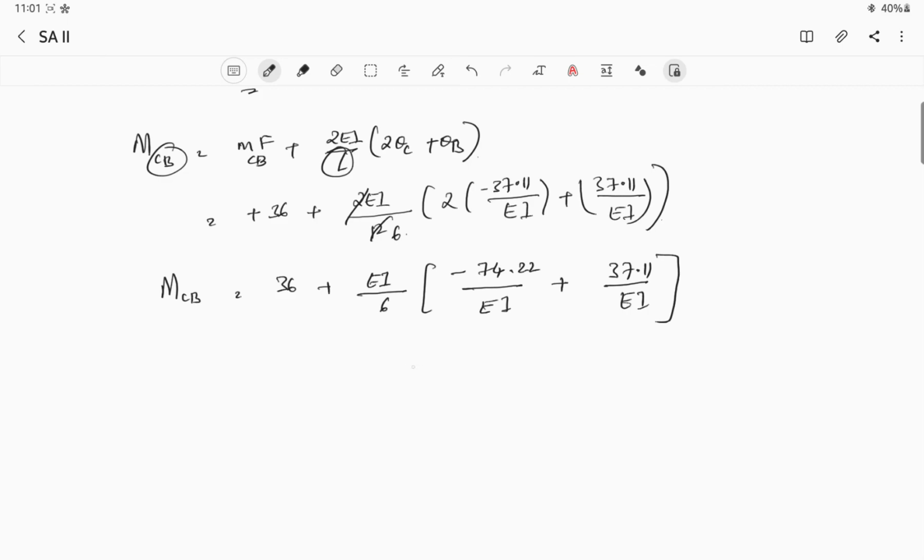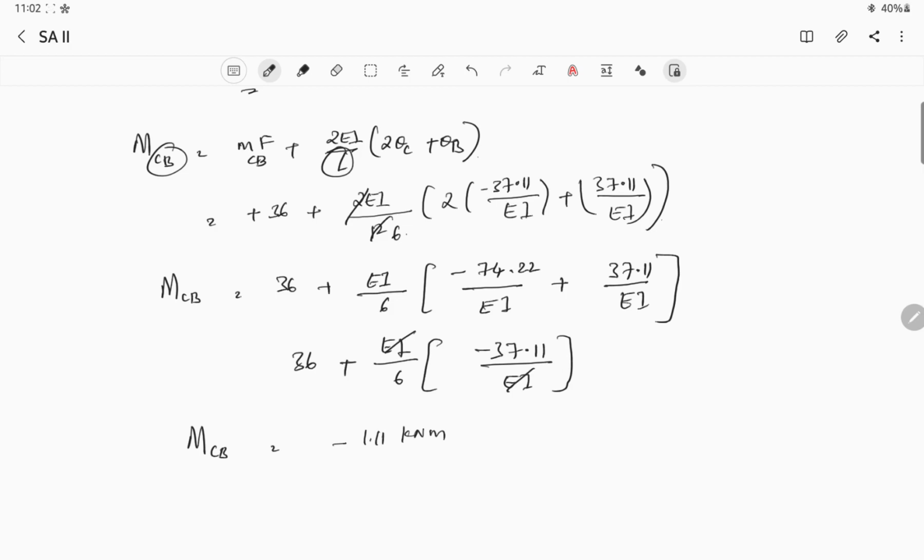You'll get minus 37.11 by EI into EI by 6 plus 36. So this EI and this EI will get cancelled. So finally you will get 36 minus 37.11, we'll get it as minus 1.11. So MCB is equal to minus 1.11 kilonewton meter.